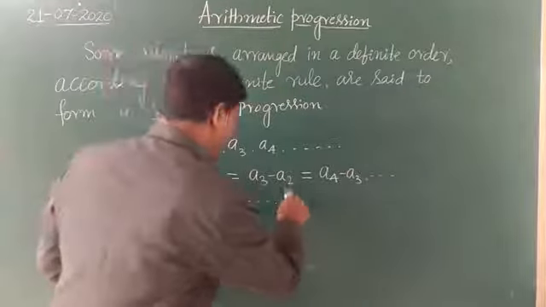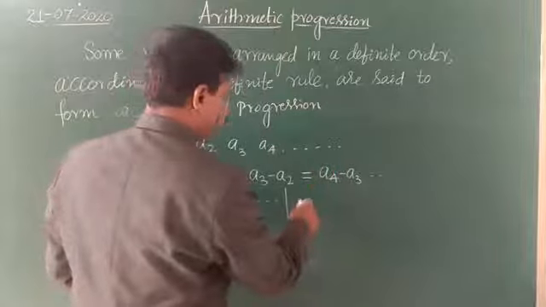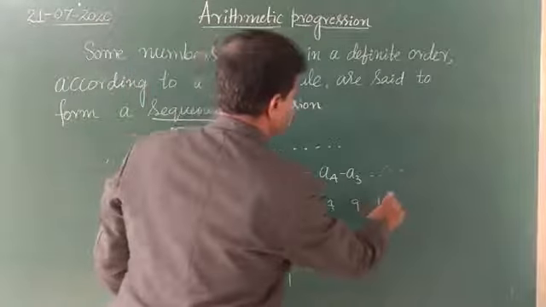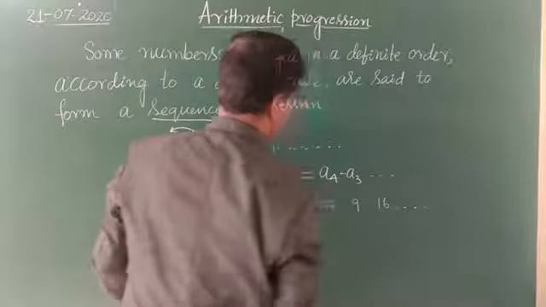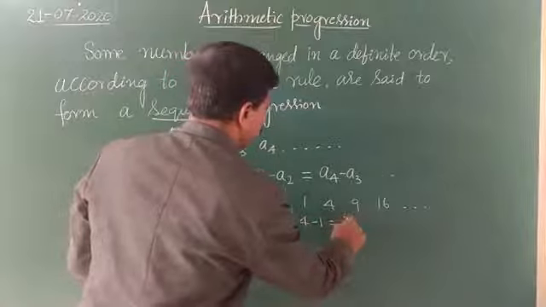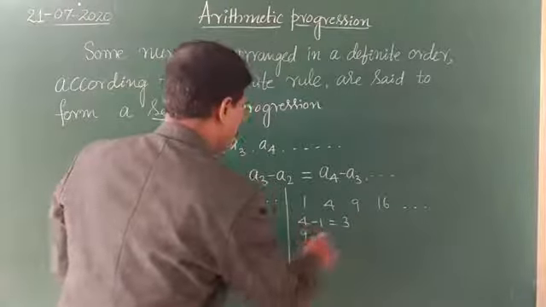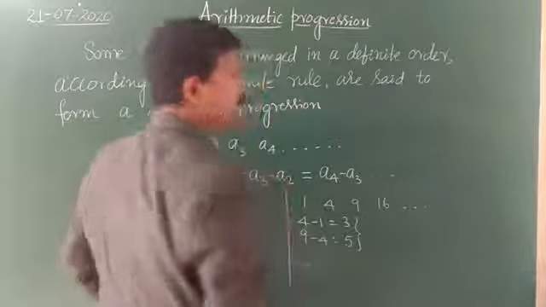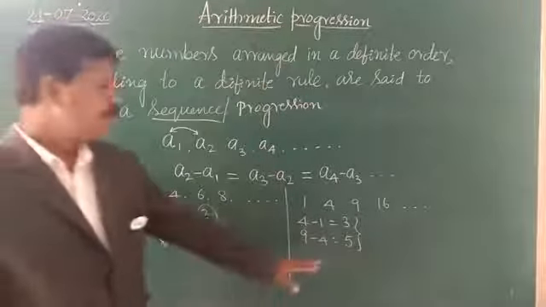Now look at the second example of the sequence: 1, 4, 9, 16, etc. If you take this, 4 minus 1 equals 3 and 9 minus 4 equals 5. Here itself these two are not equal, 3 not equal to 5.